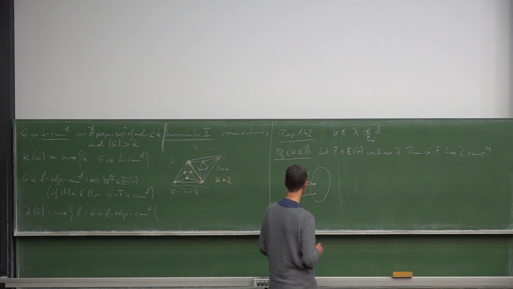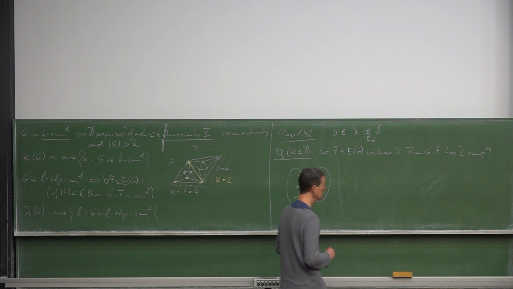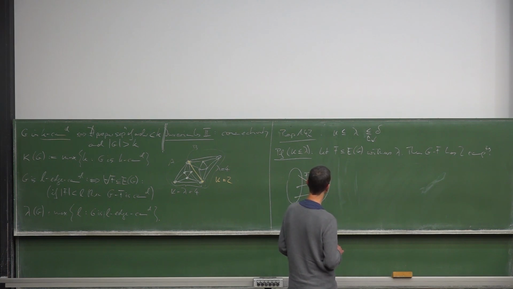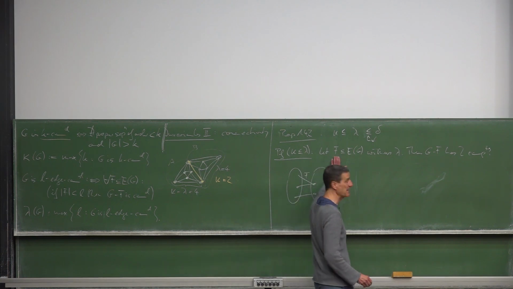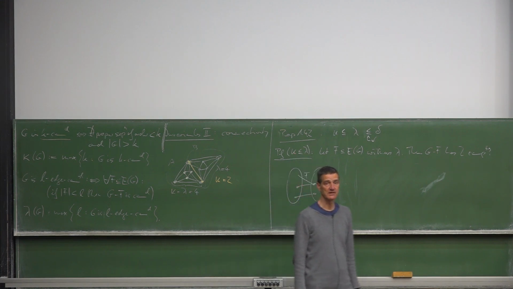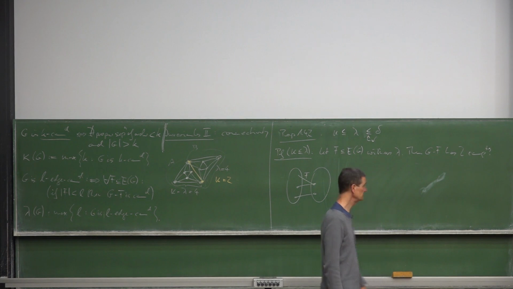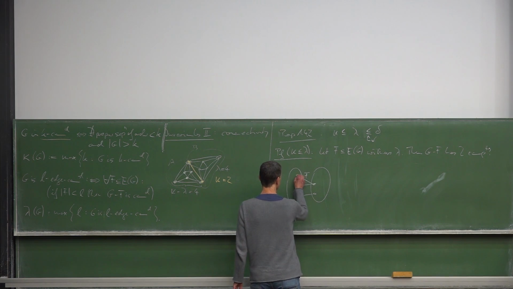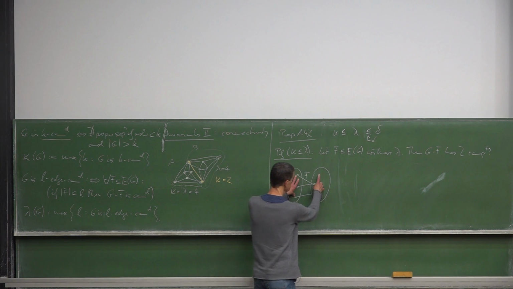If G is connected. Now, if G is disconnected, it may have lots of components, and then F would obviously be the empty set, right? And in that case, kappa and lambda would both be 0, and we'd be fine too. Okay, so we were assuming that G is connected. Then deleting F produces two components.